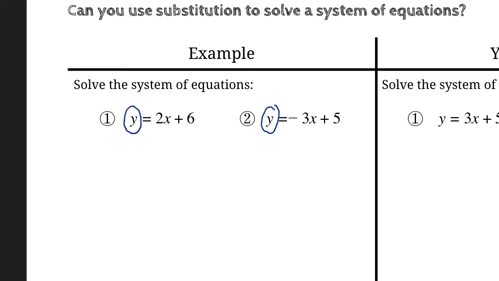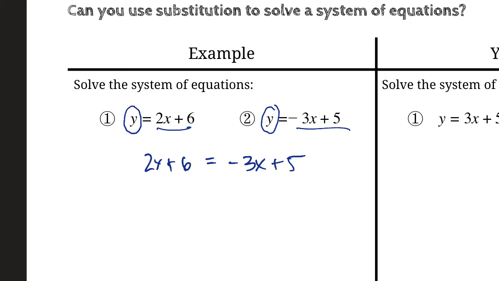That makes sense, right? Because the y values are going to be equal. So if the y values are going to be equal, we can make this equation equal to this equation because they're both equal to y. So we could just write 2x plus 6 is equal to negative 3x plus 5 because those y's are equal.